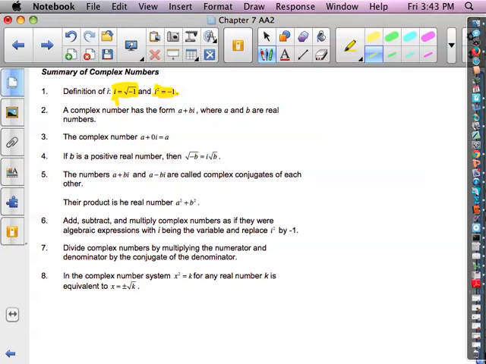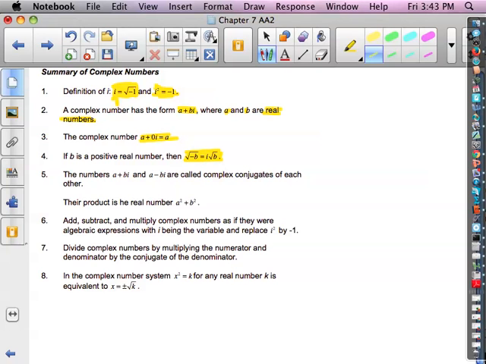A complex number has the form a plus bi, where a and b are real numbers. The complex number a plus 0i is a. If b is a positive real number, then the square root of negative b is i root b.